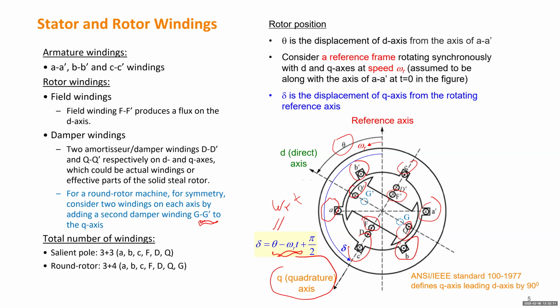But if theta is changing at a lower speed, the delta will decrease. If theta is increasing at higher speed, delta will increase. So delta is called the rotor angle. So when we talk about rotor angle stability, we mean the stability of this delta relative to the reference frame. Any question?